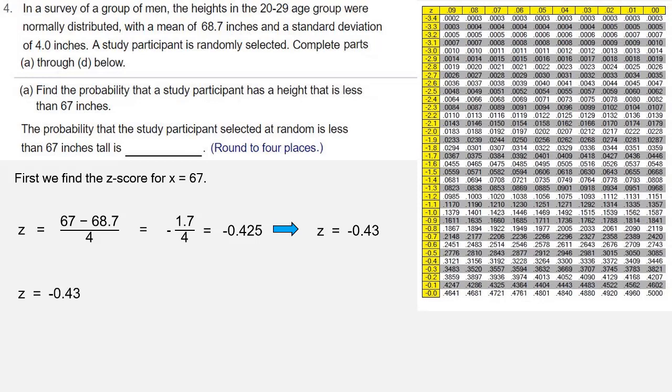We look up z equals negative 0.43, and we find our table value, which ends up being our area, of 0.3336. So the probability that x is less than 67 is going to be 0.3336. So that's your answer for part A.